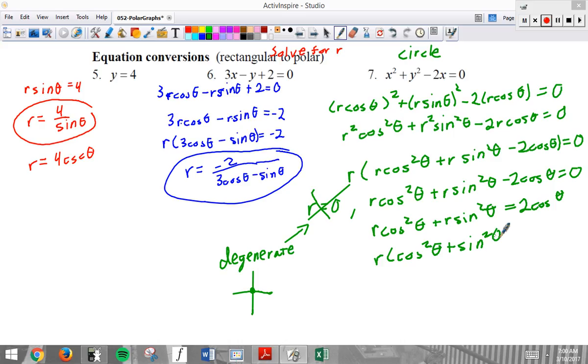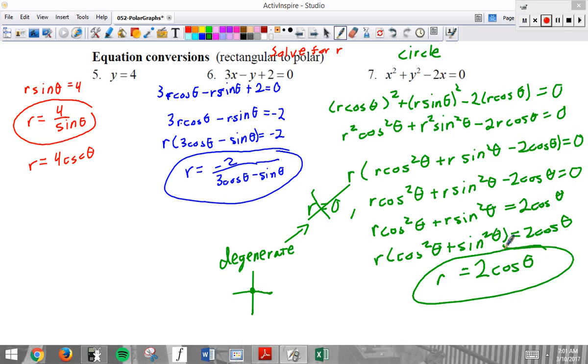And now you might see it. Because cosine squared plus sine squared is 1. That's the Pythagorean identity. That this is 1. And so that's the right answer.